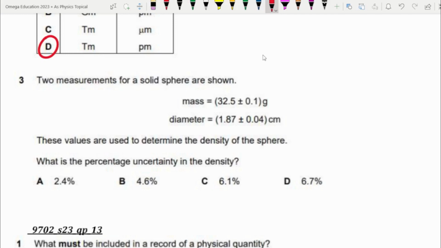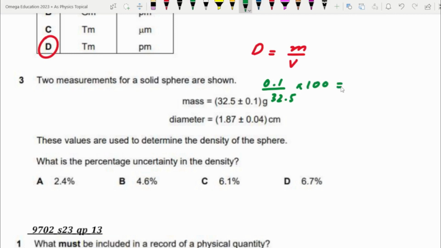So the formula for density would be mass over volume. Now since the quantities are being divided, we use the rule: if the quantities are being multiplied or divided, then their percentage uncertainties are added, and we had to find the percentage uncertainties anyway. So what is the percentage uncertainty in mass? It would be 0.1 divided by 32.5, and you can find the value of it.